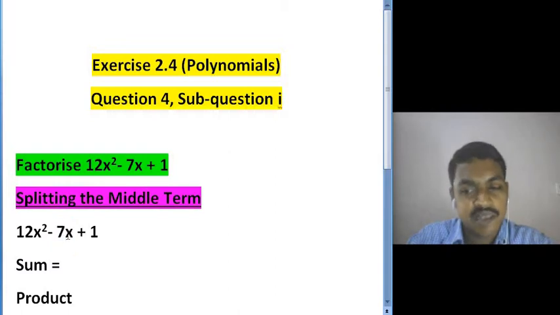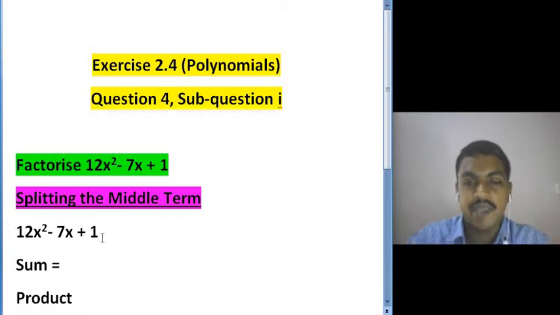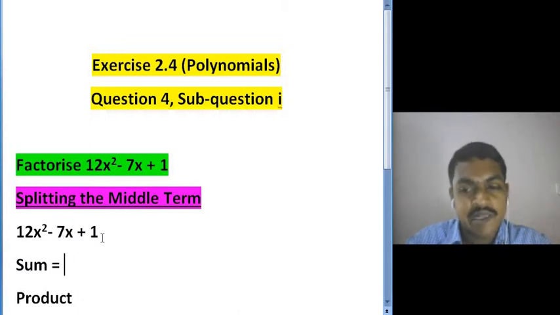If you look at the three terms, one is in terms of x square, then one with x, then one last term with neither x square nor x. The last term is called the constant, whereas the middle term that is with x is what we call the sum.